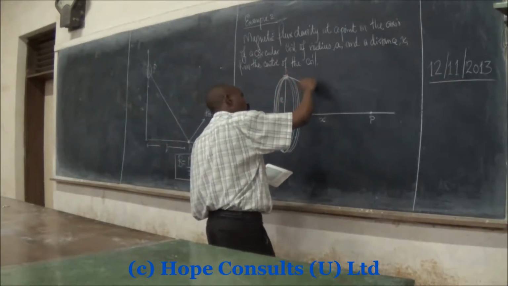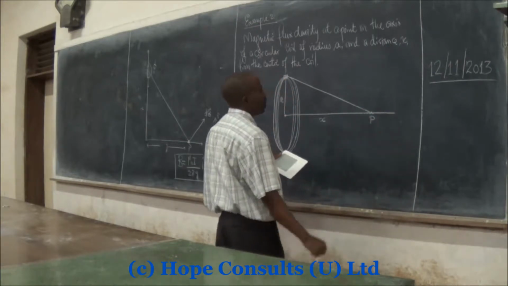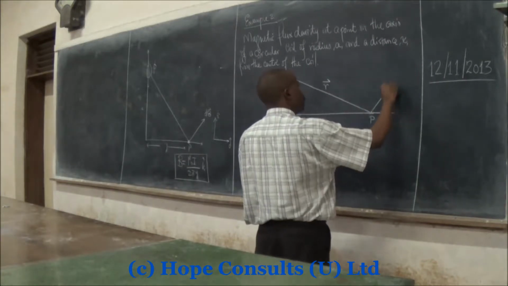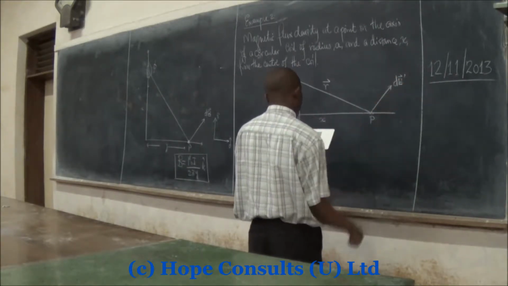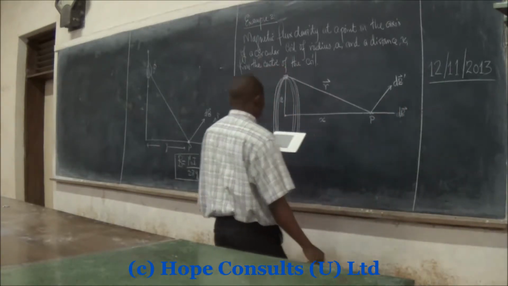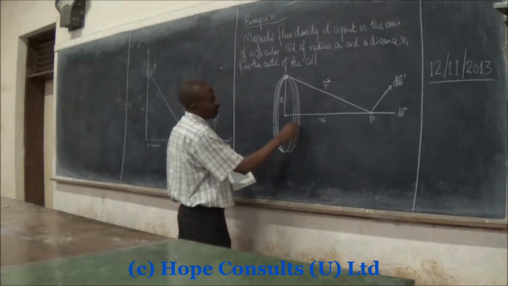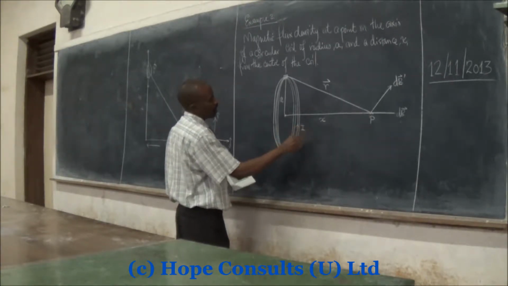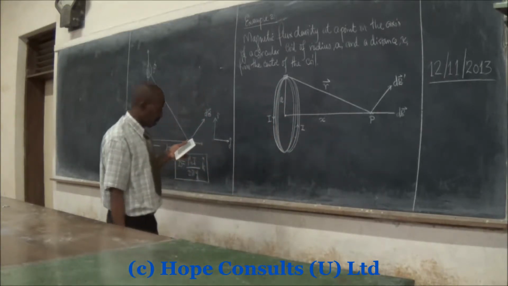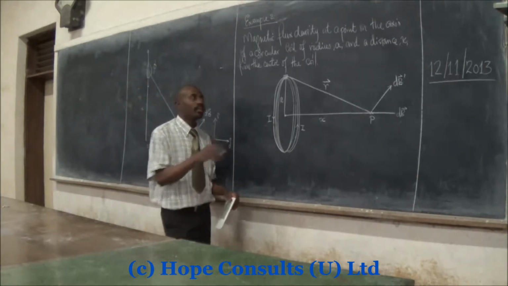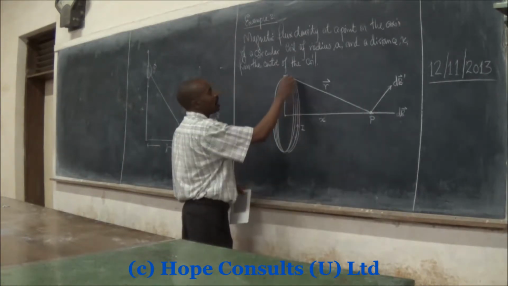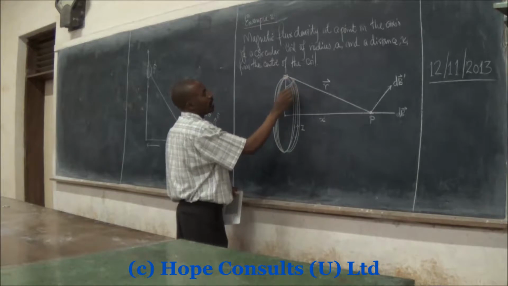So I'll draw, and then I take this to be our R. This is our dB prime. This is our dB. So let's take the current in this coil to be in this direction, I. Of course, we have it as I here, downwards, and let the orientation of the line joining the point of inquiry and the radius be alpha.